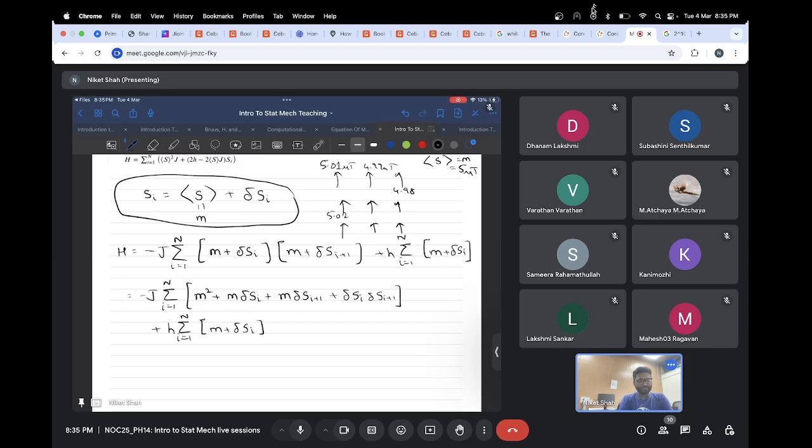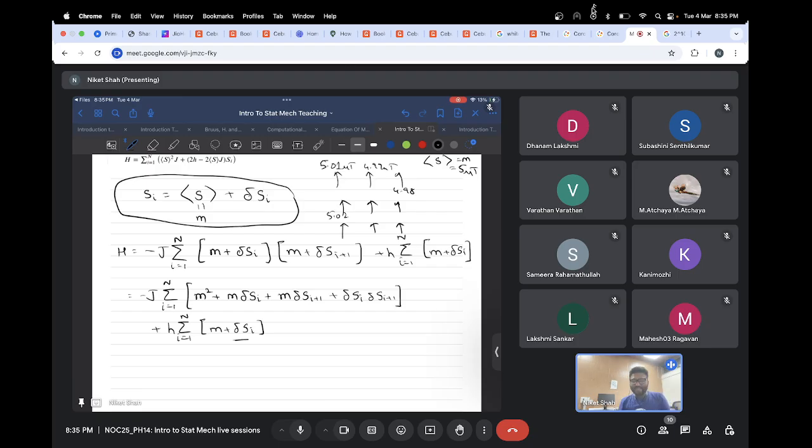This way, the fluctuations are small and they are about the average value only. That is what we call the mean field regime. So here we are assuming that we are already in the mean field regime.